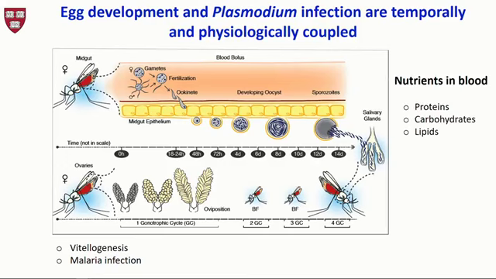what we find is that in blood, usually there are a lot of nutrients. There have been a lot of studies looking at the role of proteins in terms of egg production. And the focus of my talk and the project that I'm developing is looking at the role of lipids in egg development and then in the establishment of infection during these critical stages of the parasite life cycle.